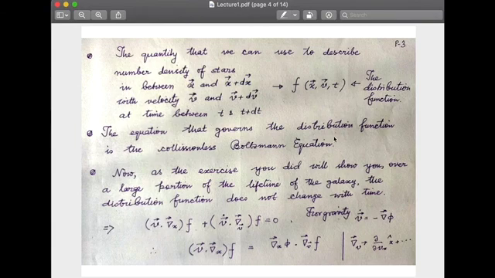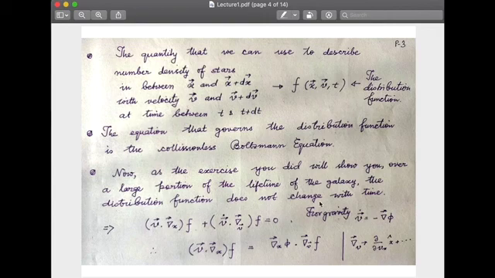And as we said, for a long part of the galaxy's lifetime, the galaxy doesn't change its properties much, which essentially means that the distribution function should not depend on time explicitly.